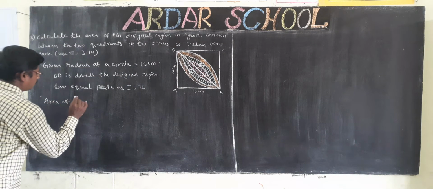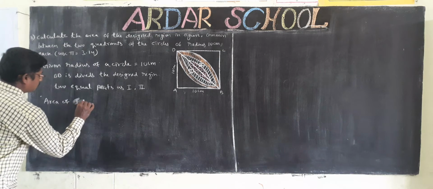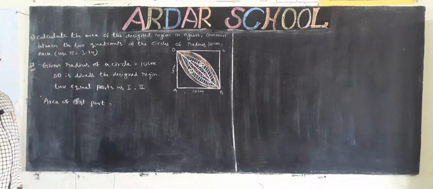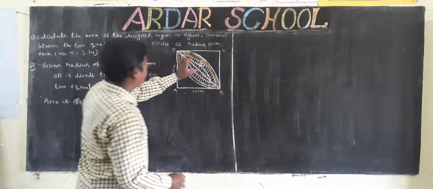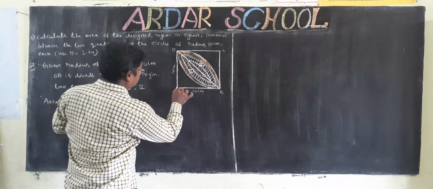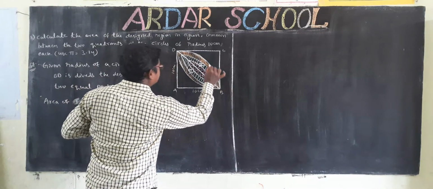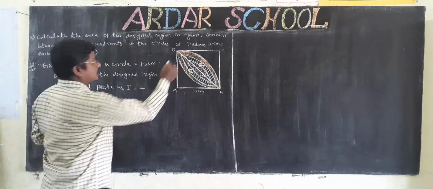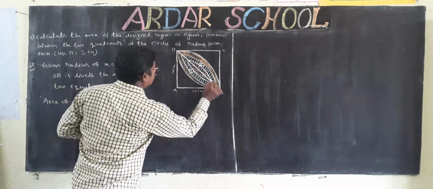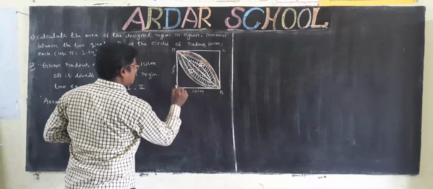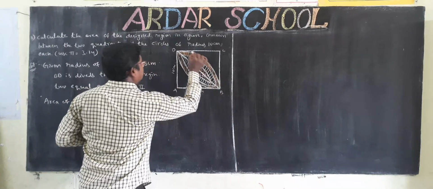Area of the first part is equal to, how to get the area of the first part? Observe this one. Area of sector ABD minus area of triangle ABD. This is the area of triangle ABD. This is the area of sector ABD.